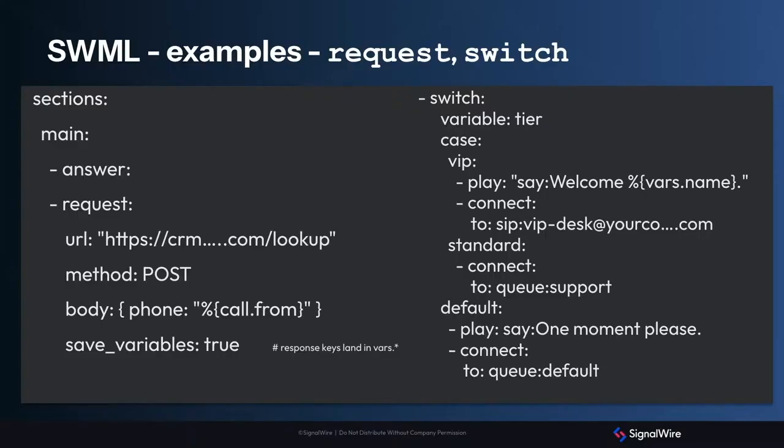You can make a decision depending on the HTTP request response. And then, as you can imagine, you can play something, connect to a SIP endpoint, or move to a queue, or a default behavior, which is quite powerful.